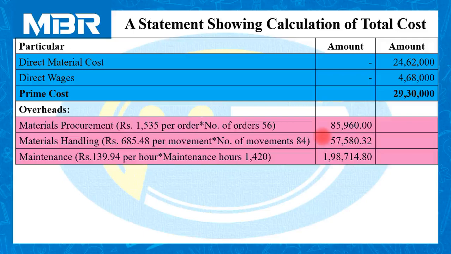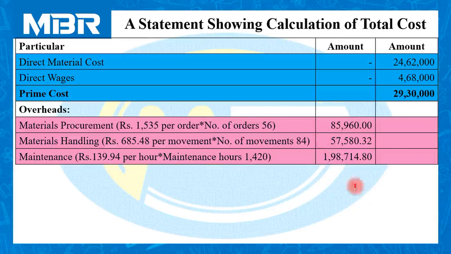As per the calculation of cost driver rate, the cost of maintenance is rupees 139.94 per hour. We have completed calculation of cost driver rate in earlier statement. And from that statement, we have derived that the cost of maintenance transferred to any project at the rate of rupees 139.94 per hour.